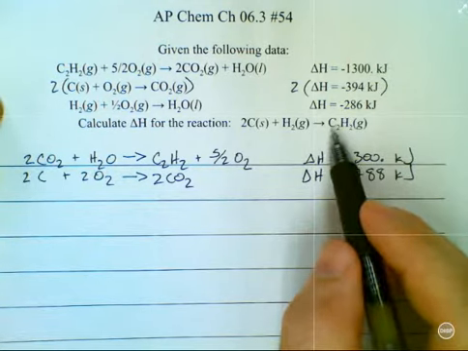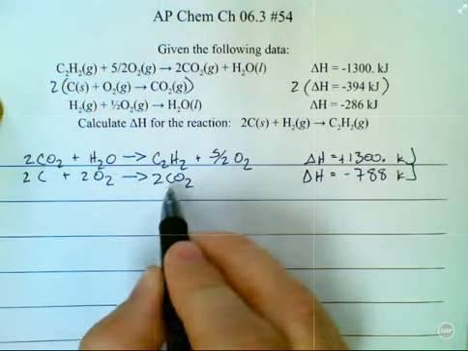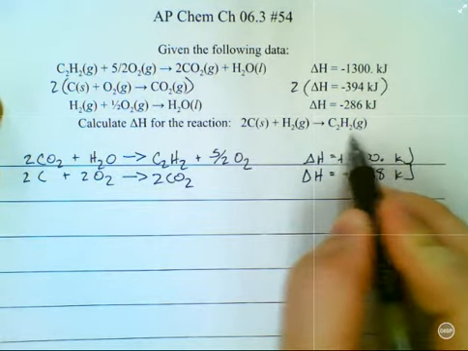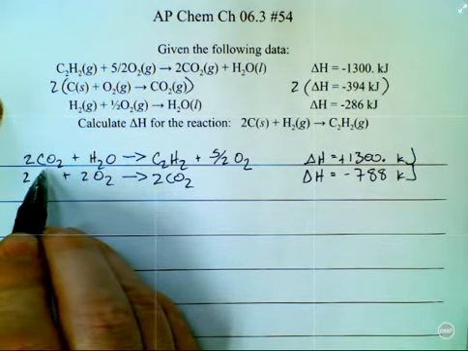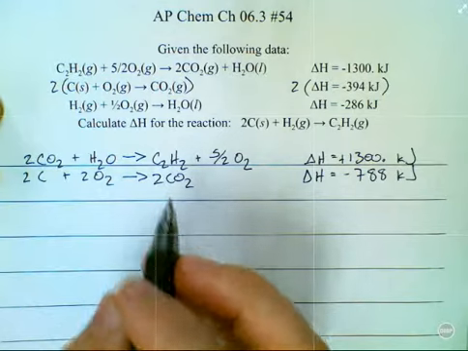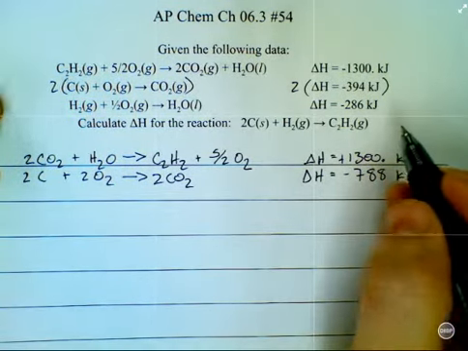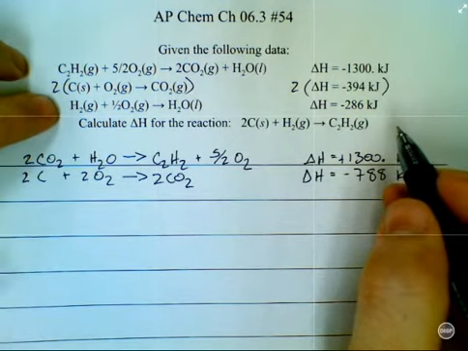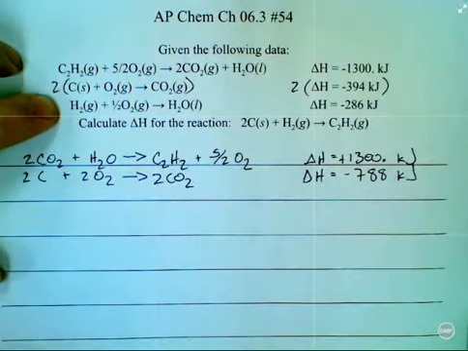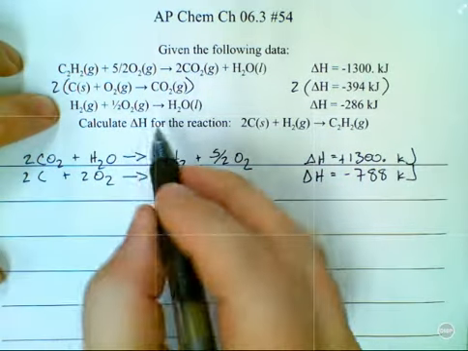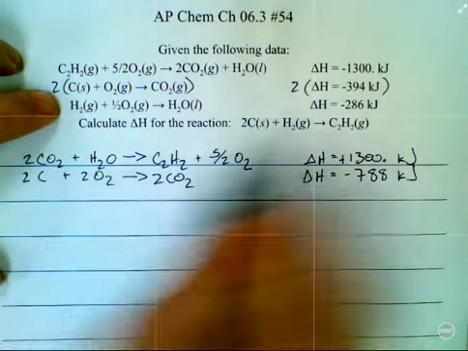Now, as a result, I have this CO2 on the product side, which you can see here. I don't want any CO2 on the product side. But I have 2 CO2s, and I have the same number of CO2s on the reactant side, and so those will cancel out. I don't have to worry there. So as I bring this H2 plus half O2 and a water down, I can check before I do it. I'll have H2 on the reactant side, which I want.